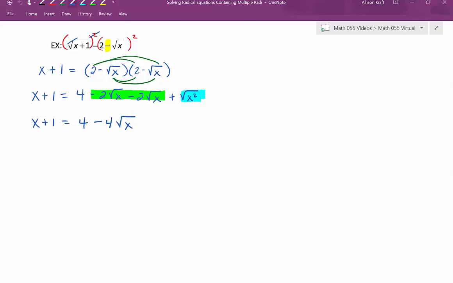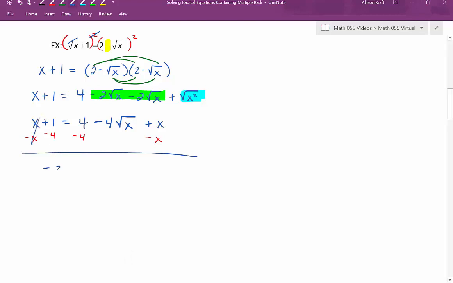The square root of x squared is just plus x. There's no other simplifying or combining that we can do, and we're still left with a radical, so we need to repeat the process. We now need to get that radical on the right all by itself and then square both sides. So we'll subtract 4 and subtract x from both sides.